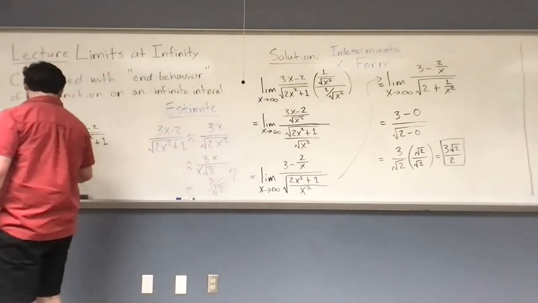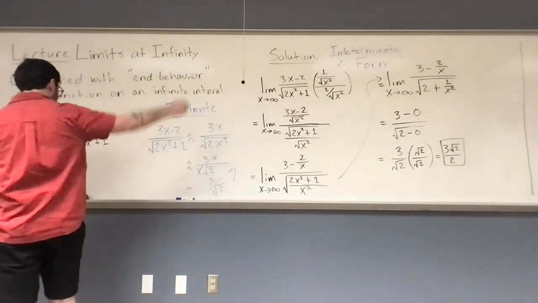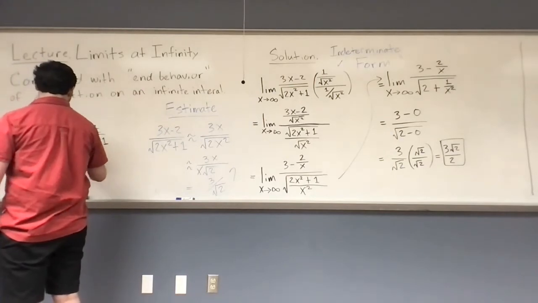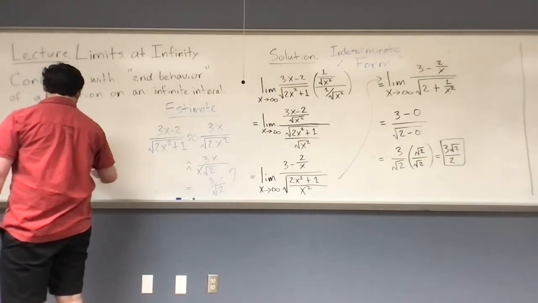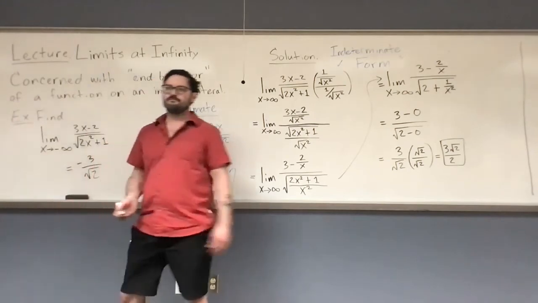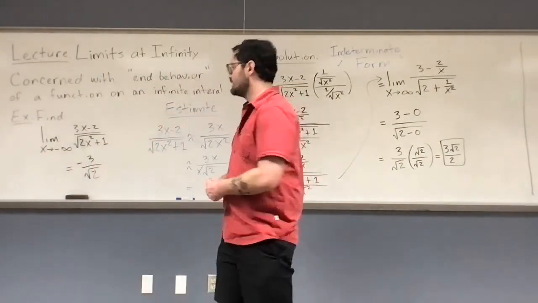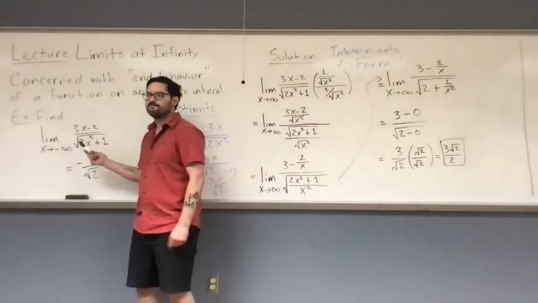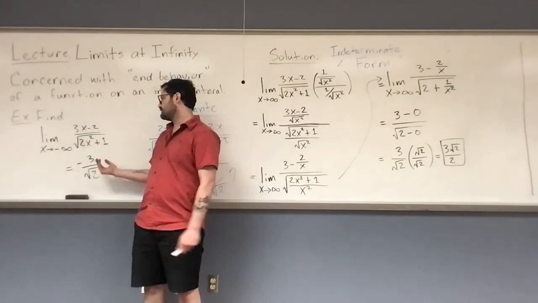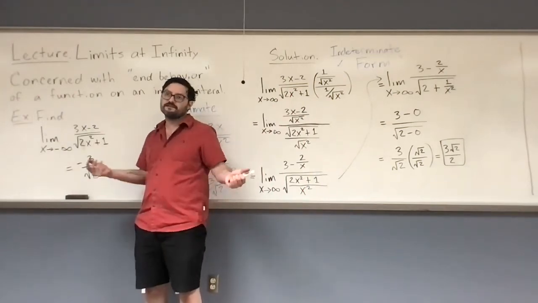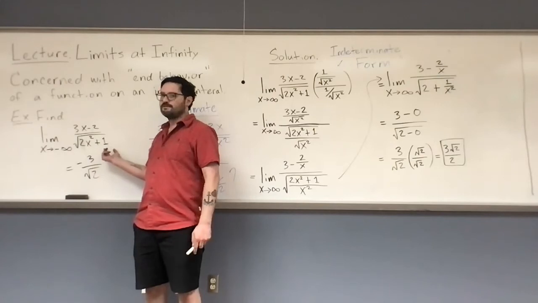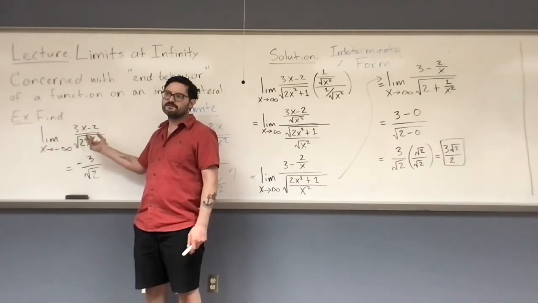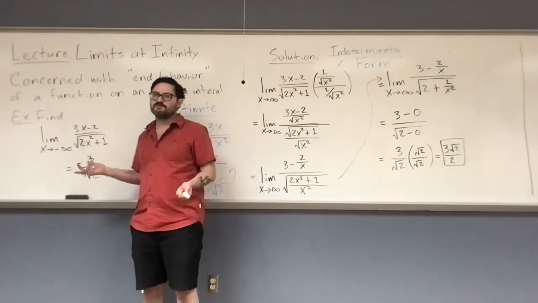So I'm assuming, and you could work it out in the exact same way, that this will be negative 3 over root 2. Right? And if you did the estimate, you would agree with that. This basically behaves when x is really negative, like negative a billion, that plus 1 doesn't matter, and negative 2 doesn't matter. You'd work it out, and that's what you would come up with.